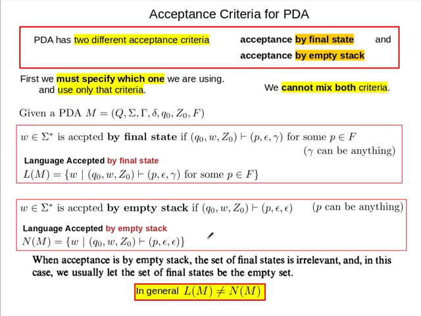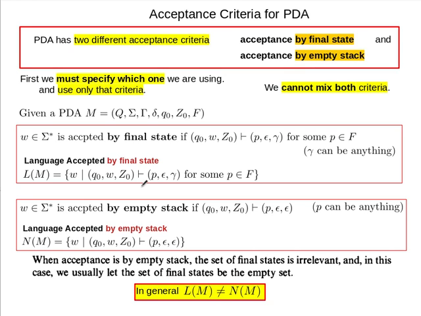In the case of PDA, it is slightly more complicated, because here we actually have two different acceptance criteria. Either we can accept by final state, or we can accept by empty stack. I will define those two things now.